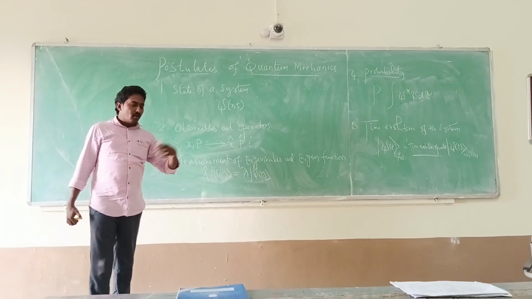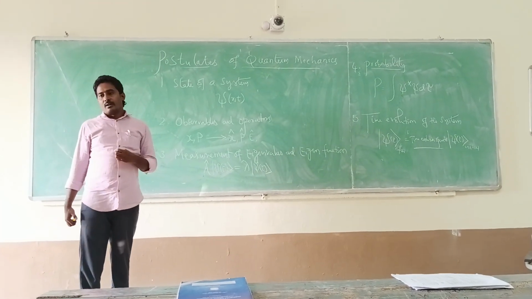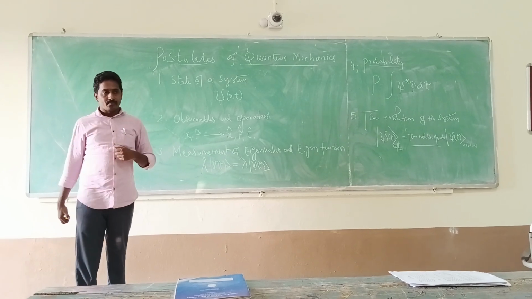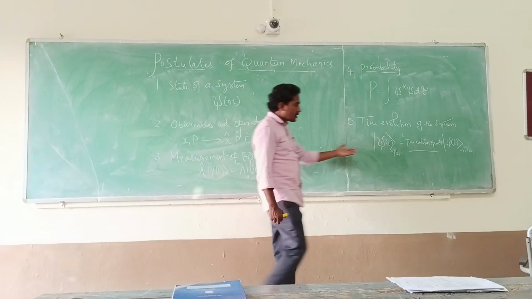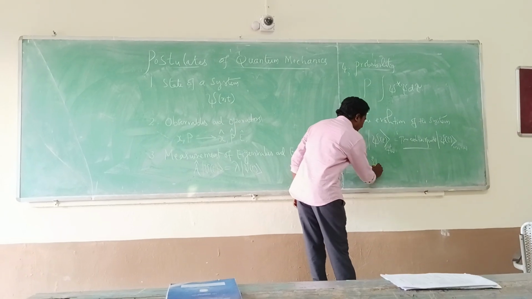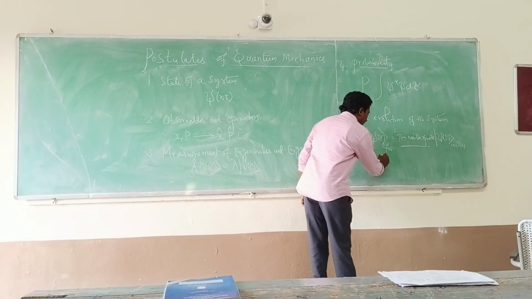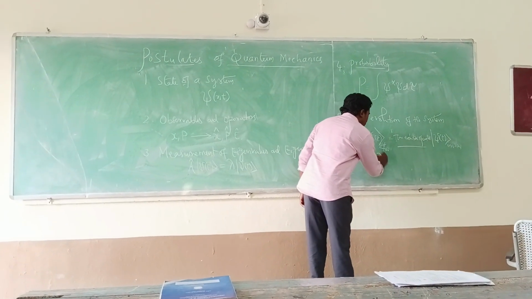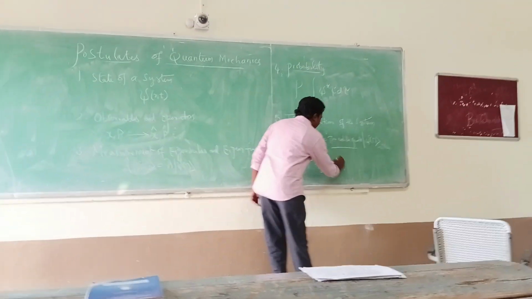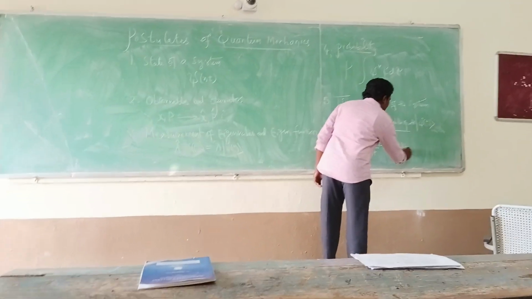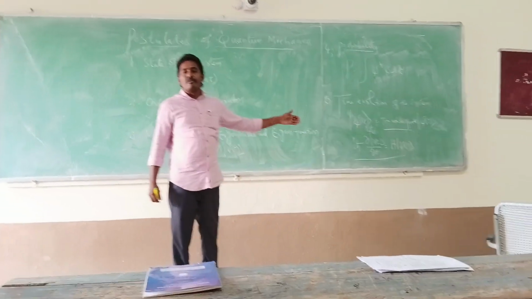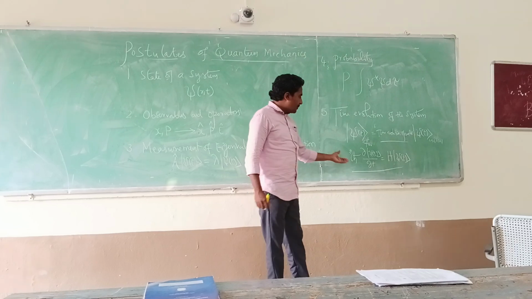In quantum mechanics there are different approaches purely based on these postulates. For example, in the time evolution of the system, the Schrodinger time dependent wave equation can be written as iħ ∂ψ(t)/∂t equals H ψ(t).